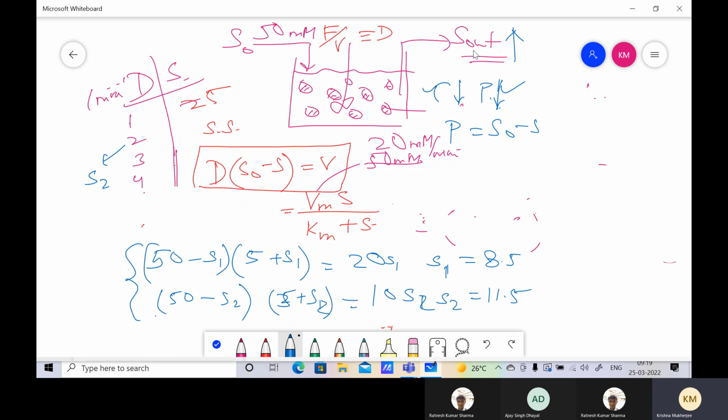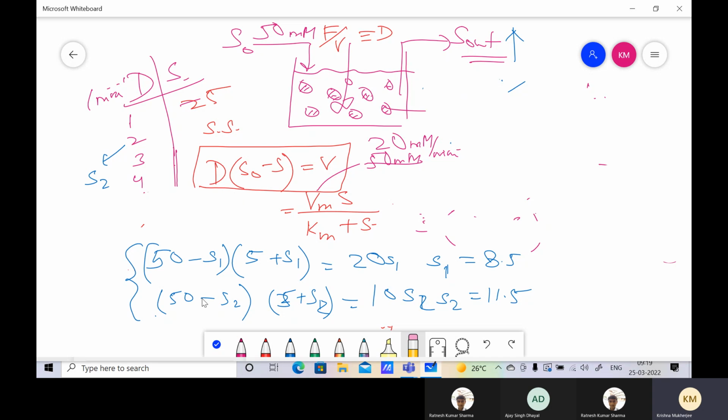So the unconverted substrate will tend to increase as you reduce the time available for reaction. Only when you give a high amount of time will you get full conversion. Otherwise, you will not get full conversion. This is the point that you need to understand, a rather simple point.